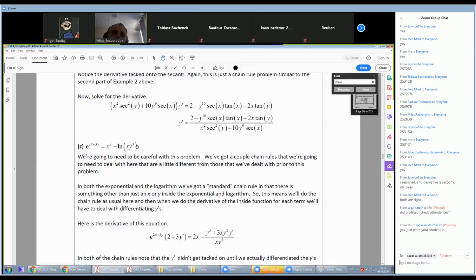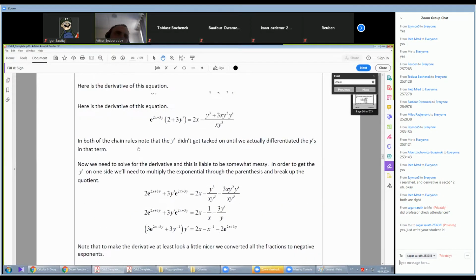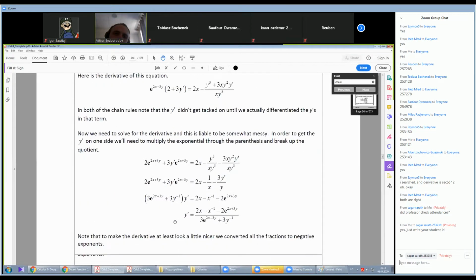So let's say we have a point x equals a, y equals b, where a and b are numbers, say 1 and 2 or something like this. Then you plug in here y prime equals, and you plug in a instead of x and b instead of y, and you can find your value for y prime.